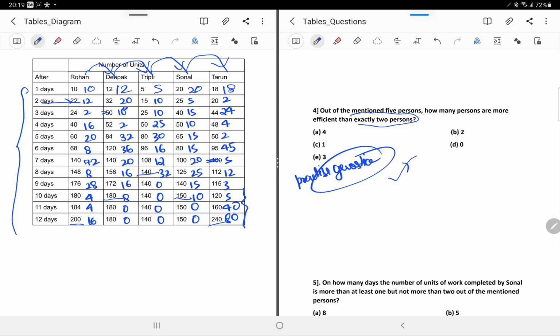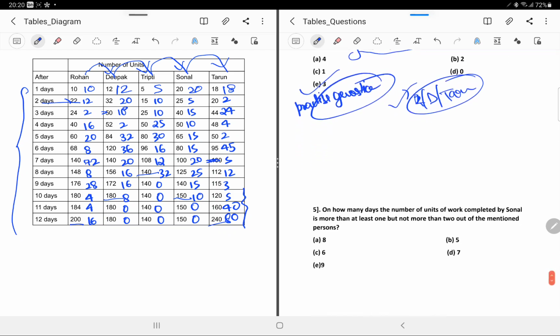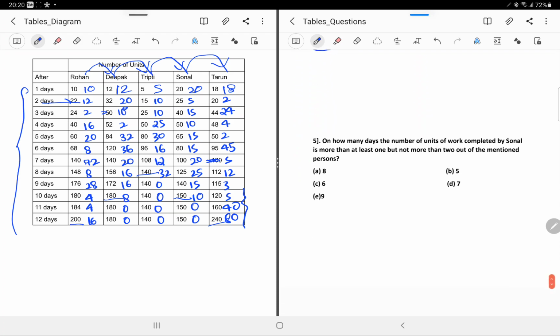You have to do it for 2 persons. As for the answer, I think the answer is 3, and I think it is Rohan, Deepak and Tarun. So you can solve this question and it's easy. Once you have resolved this cumulative data into normal data, it is super easy.